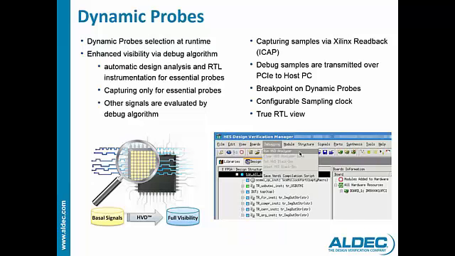The dynamic probes are created via the Silence readback tool, and once captured, samples are sent over the PCI to the host. With dynamic probes, it's possible to create breakpoints, but they can be slow because they're not checked in the hardware. They're checked on the host computer.